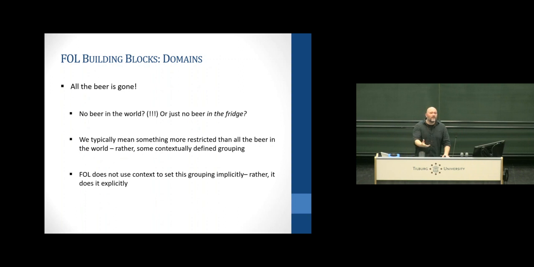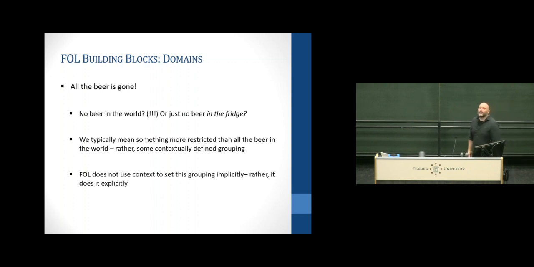We allow context to determine. Everyone passed the midterm. Well, that's weird. I mean, there's a huge population on Earth. Did they just automatically pass because they were just there? Surely you mean everyone who was taking the test. These kinds of things. English allows for context to do the job.